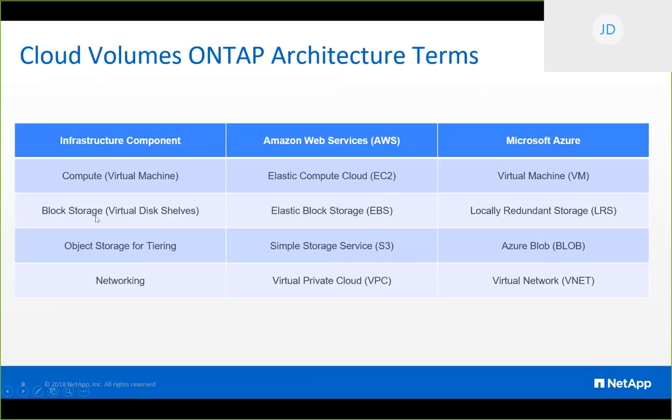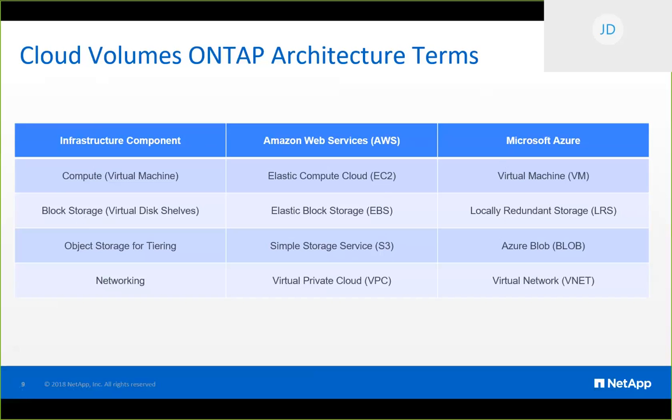We'll be using block storage as our virtual disk shelves, if you will. In AWS, that's EBS, Elastic Block Storage. In Azure, that's Locally Redundant Storage, or LRS. We will also be using object storage for tiering. That's S3, Simple Storage Service in AWS, Azure Blob in Azure.